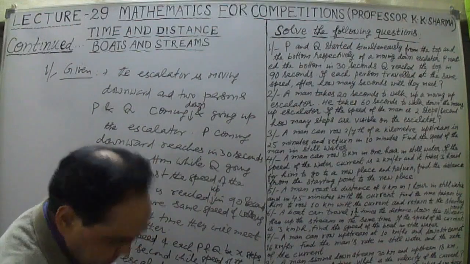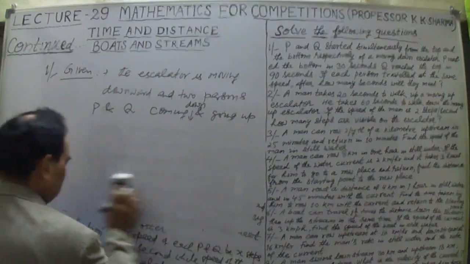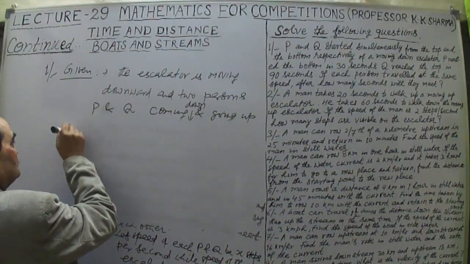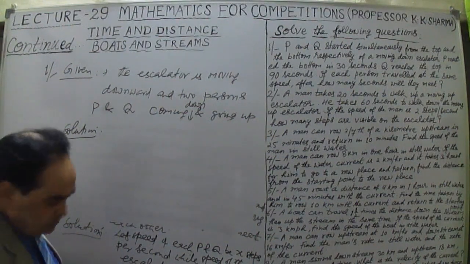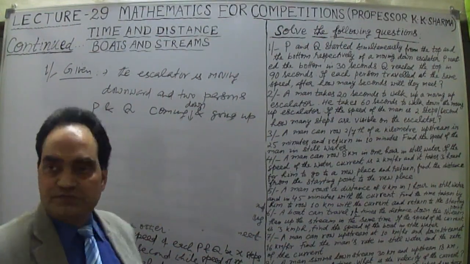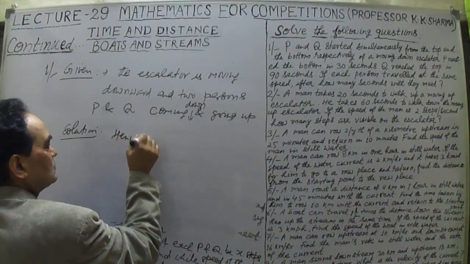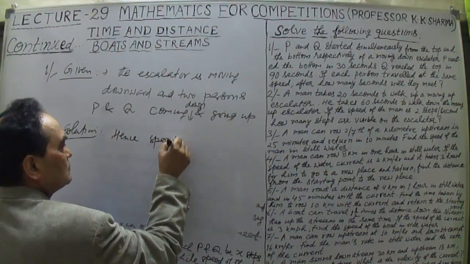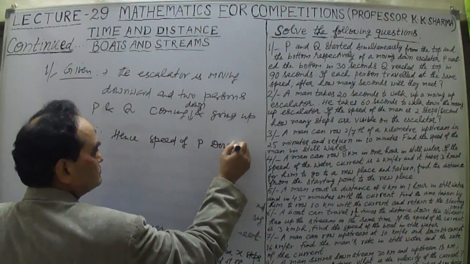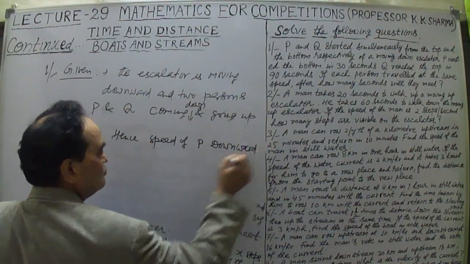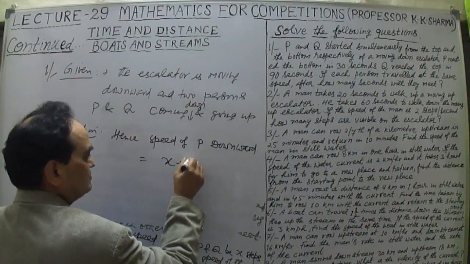Let me complete the question here. Now these are the two speeds. What are their relative speeds? Hence, the speed of P downward is equal to x plus y.